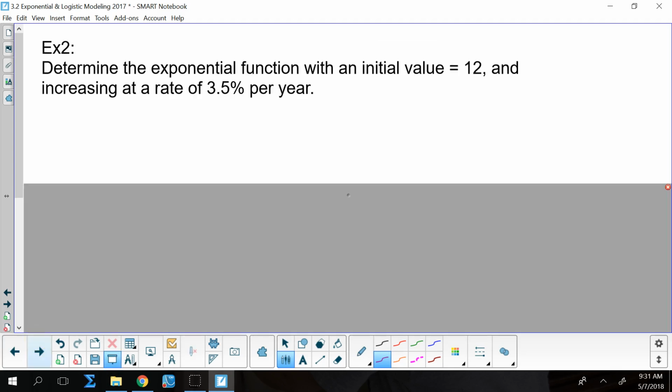Determine the exponential function with an initial value of 12 and increasing at a rate of 3.5% per year. So this 12 is my P sub 0, my initial value.